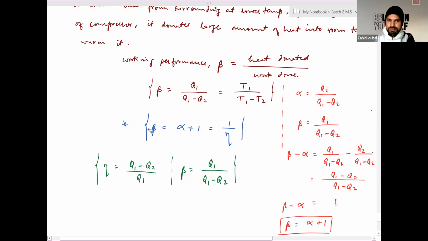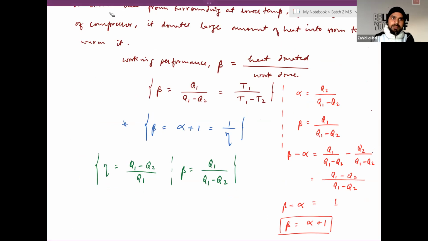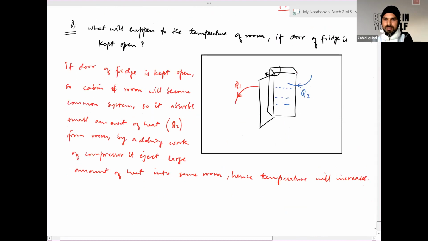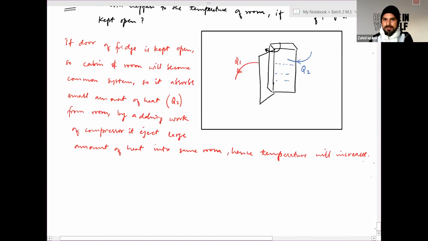Since the performance of the heat pump is greater than that of the fridge, the heat pump is more efficient. Hence, we use a heat pump rather than a fridge as a heating element. Is it clear? Yes, sir.